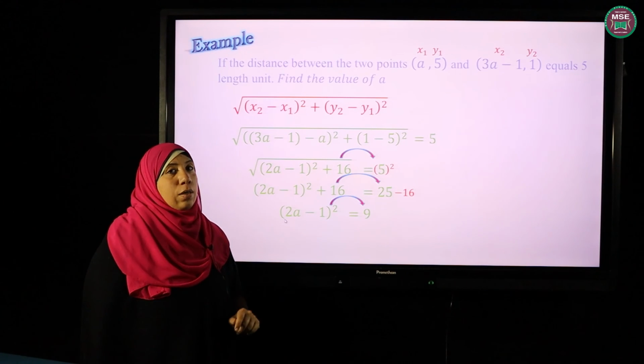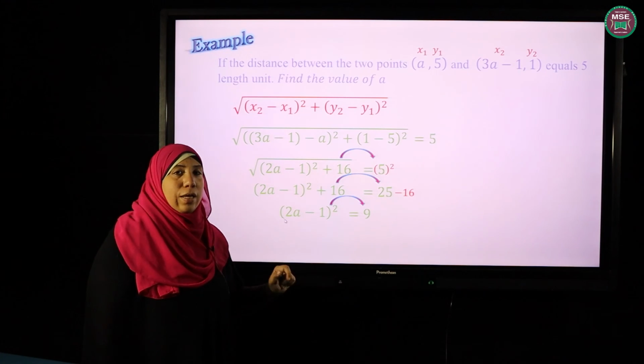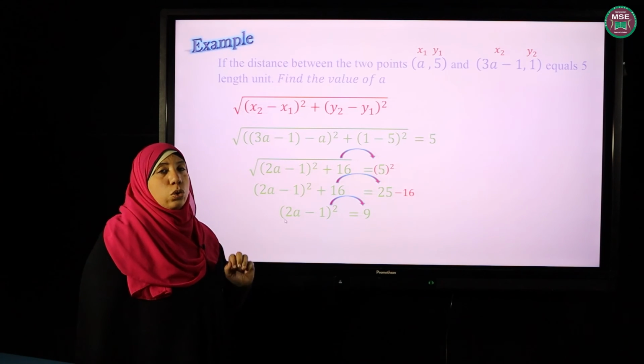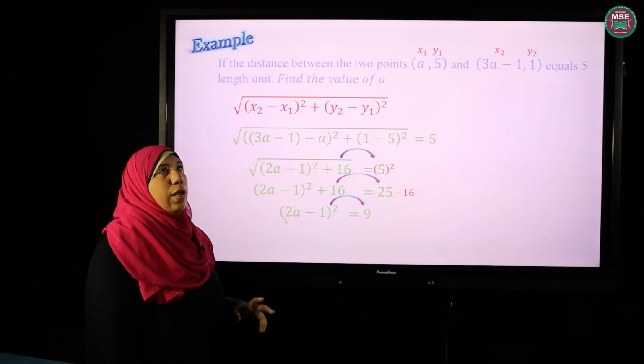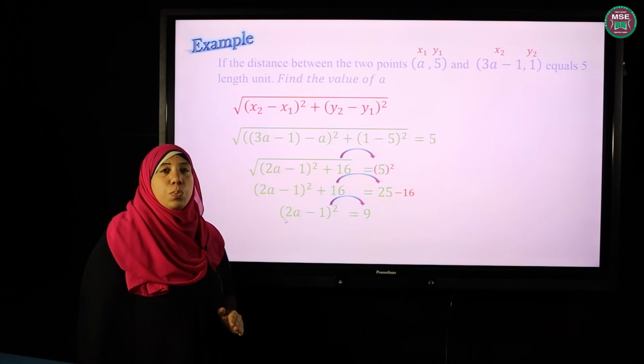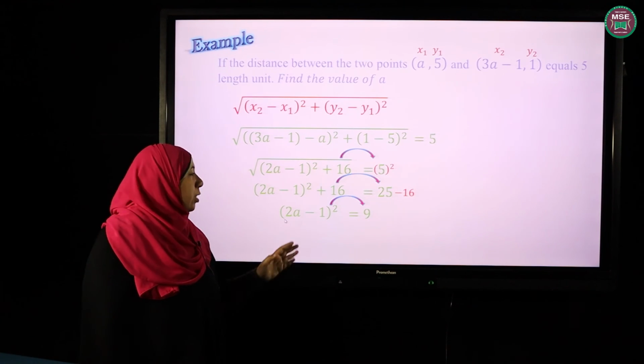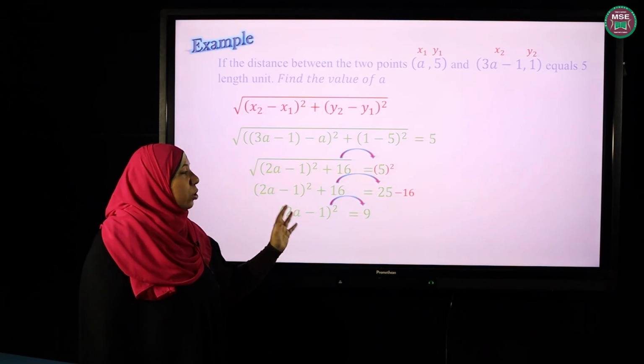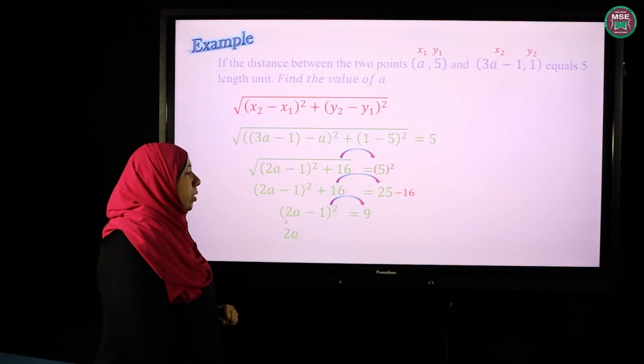Removing the square. As we said in the last example, don't distribute the root or cancel the root with power 2 if there is plus or minus. The same here. Don't distribute power 2; we will remove it first.